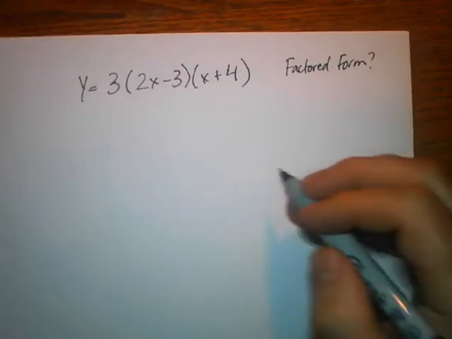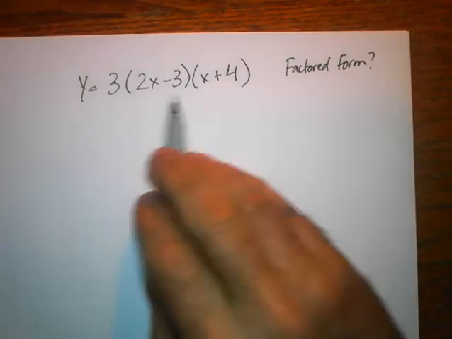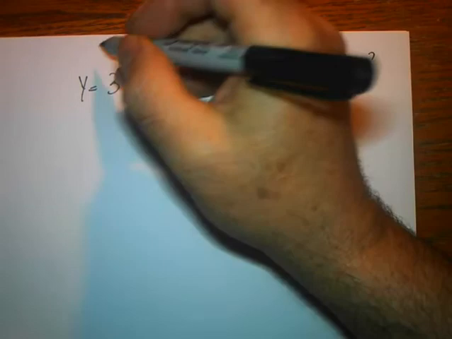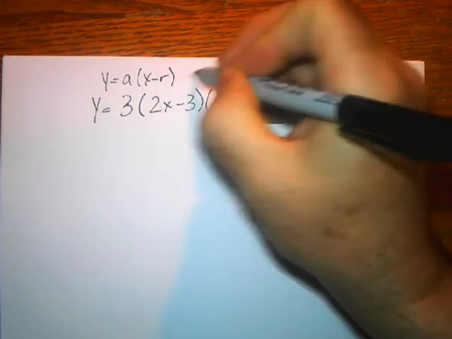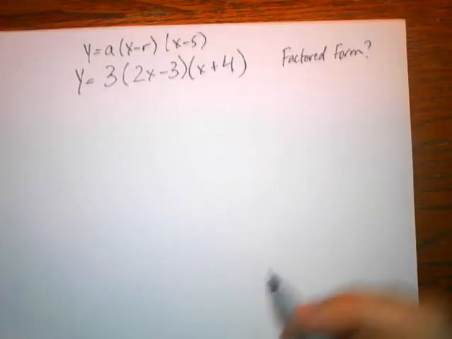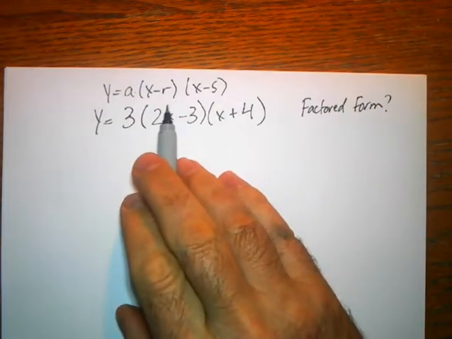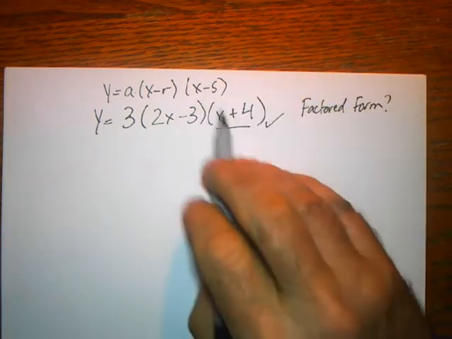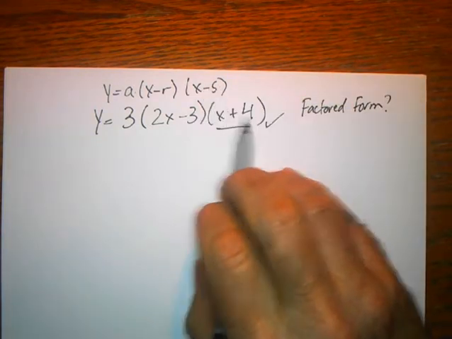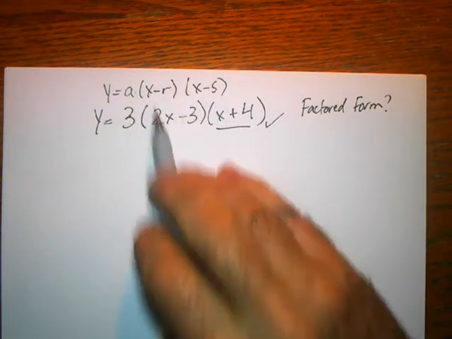Or does it? Now the problem here is, remember factored form was a(x minus r)(x minus s), and r and s were your x-intercepts. Well, this one's okay because I could just say s is -4, but this one's a little bit odd, and it's because that coefficient is there.